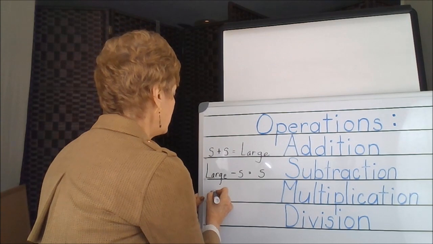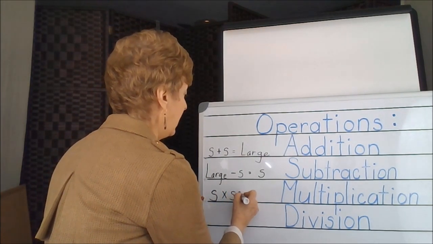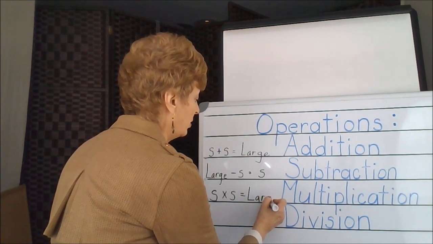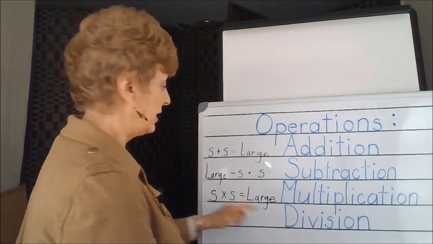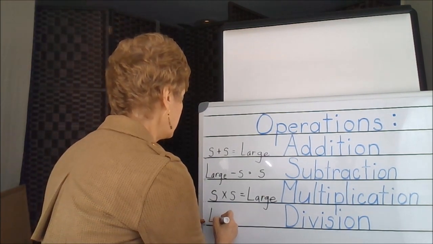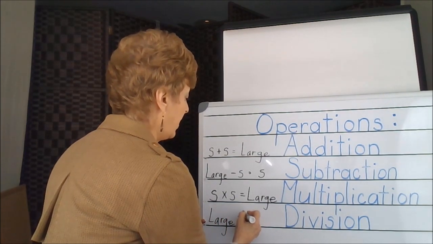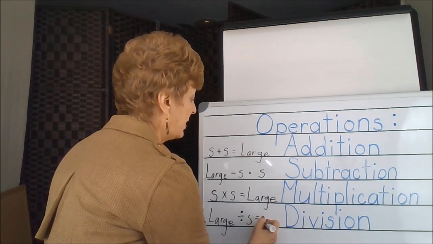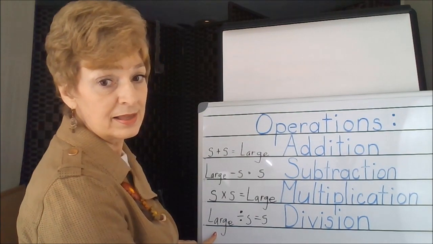Multiplication takes two smaller numbers and produces a large answer. Division, just the opposite. It starts with the largest number, divides by one of the smaller numbers, and you get a small answer compared to the number that you started with.